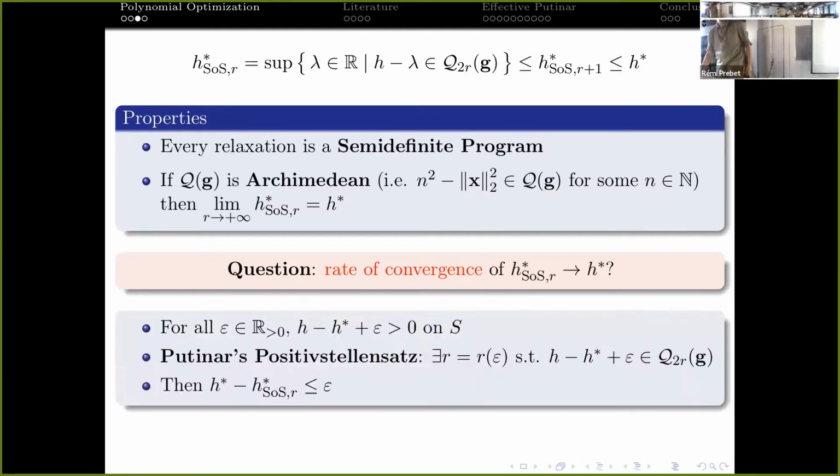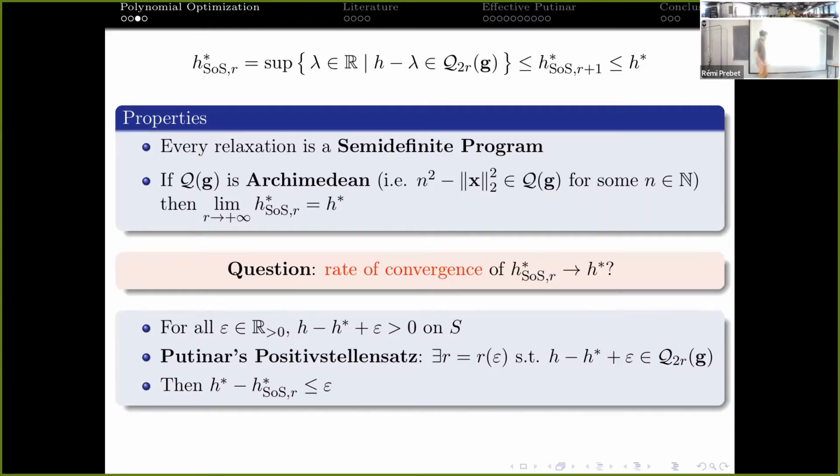And this question can be restated as follows. We have to go through the proof of this convergence. So we notice that for all epsilon strictly bigger than 0, h minus h star plus epsilon is strictly positive on the set X. And Putinar's Positivstellensatz tells us that this strictly positive polynomial belongs to the quadratic module. But notice that the degree that we need to represent these strictly positive polynomials depends on this epsilon.